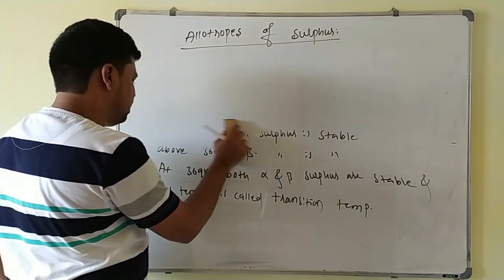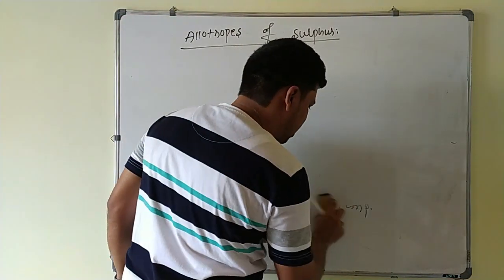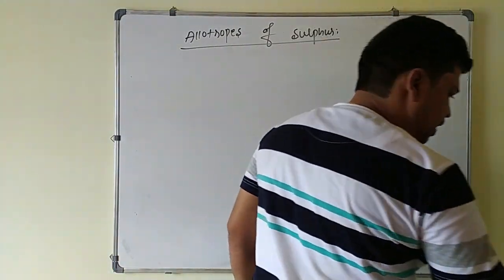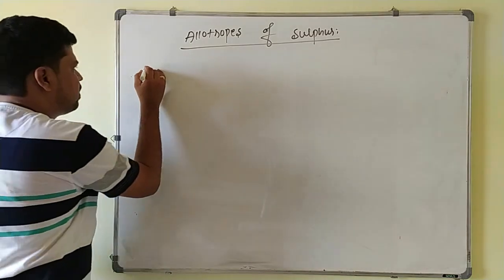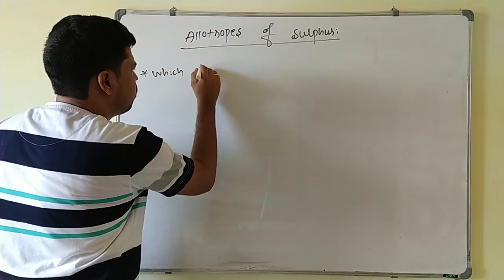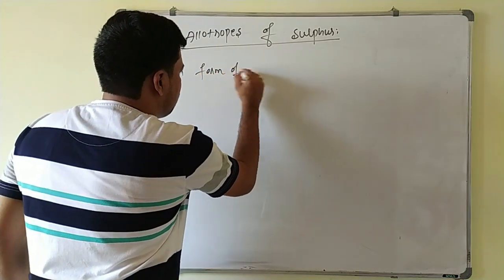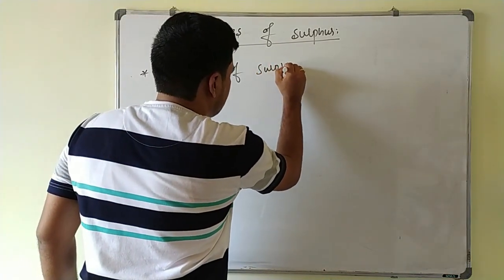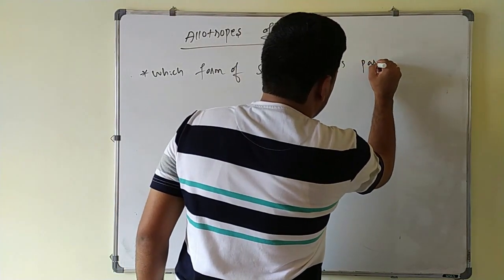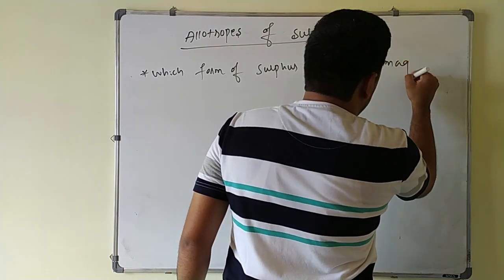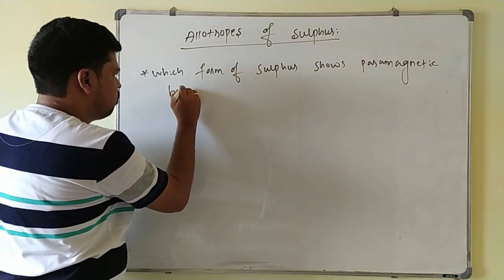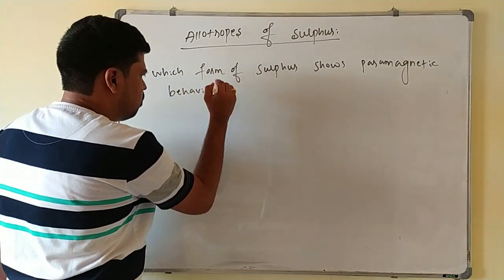So the next point is, they will ask a question in the NCERT, that is a question on these allotropes of sulfur. Which form of the sulfur is paramagnetic in behavior? That question will be, which form of sulfur shows paramagnetic behavior?